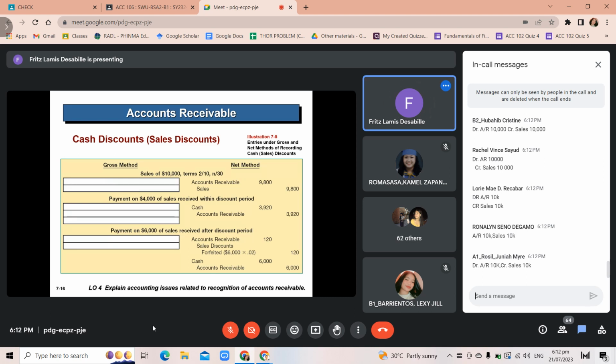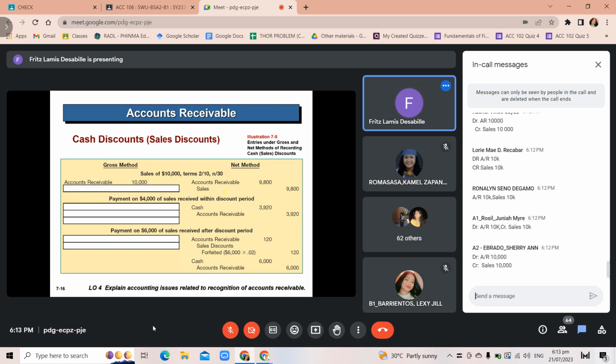All right, I got the exam, so I continue. Accounts receivable, credit, sales. Not very good. So next transaction, payment. Of the 10,000, 4,000 was paid within the discount period. Okay.